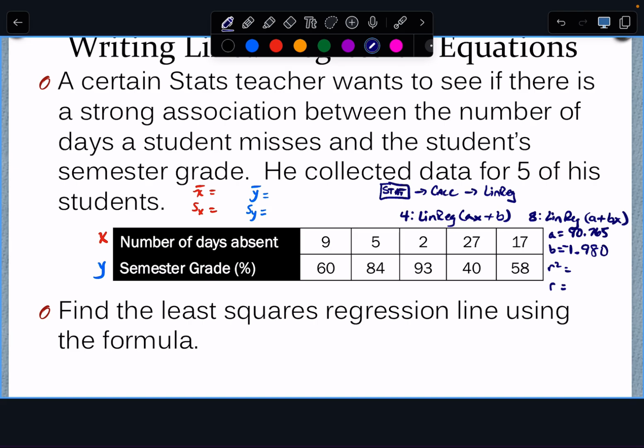So if I'm doing this on the calculator, I run that linreg, I want my slope and y-intercept, and when I put it together, I have my y hat is equal to 90.765 minus 1.980 times x. So I'm taking the two values from the calculator and placing them into my regression equation. Now, if I wrote it in this form, what would I also have to include right now?